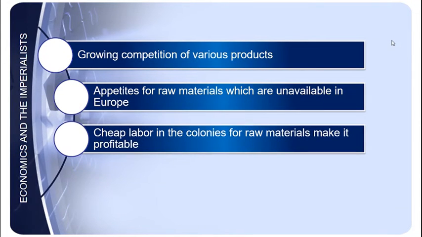Cheap labors in the colonies for raw materials make it profitable for the colonial masters. So, lahat ng mga nakikinabang dito ay yung mismo mga colonial masters. Halimbawa, mag-extract ka ng mga diamante, ng mga ginto, ng mga bakal, tanso, ng mga raw materials from colonial countries, no? Meron na mga cheap labors na gumagawa nun.